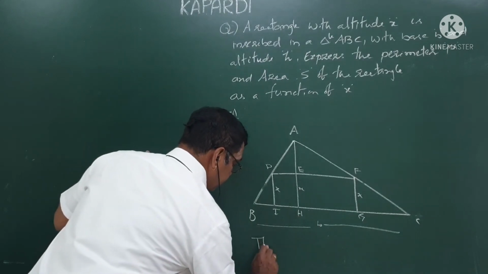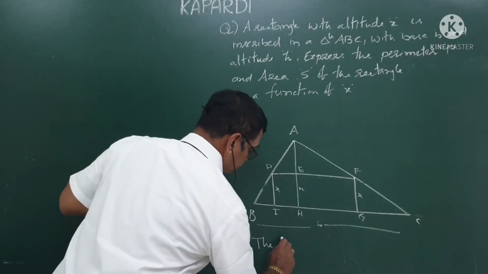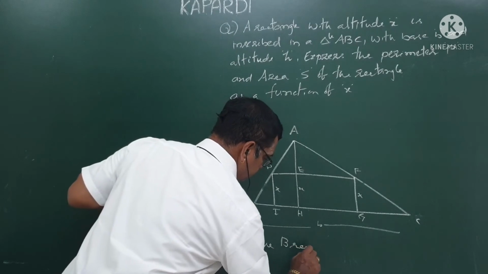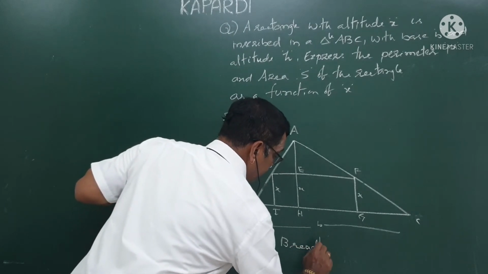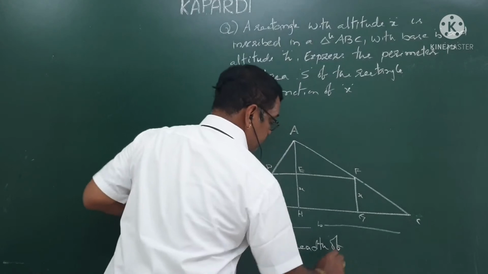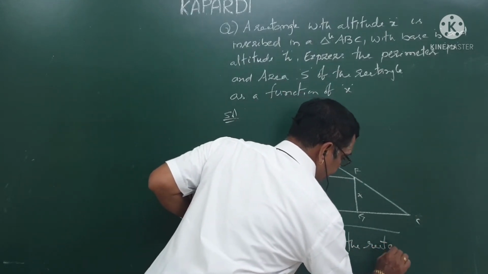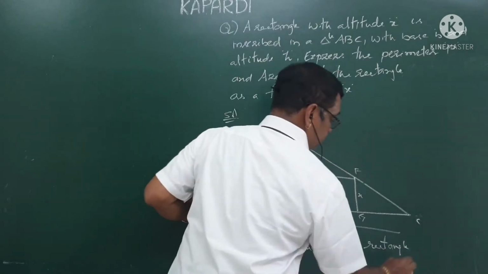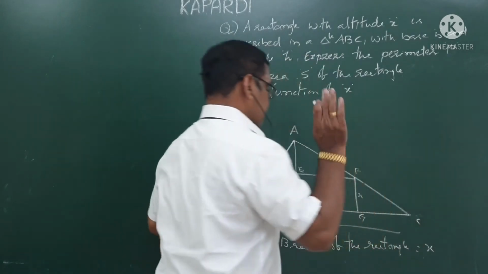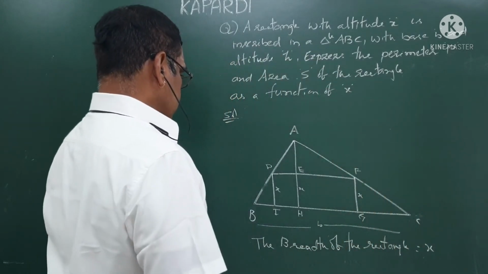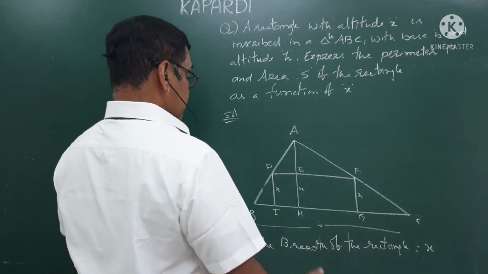The breadth of the rectangle is equal to x. Okay, now to find length.